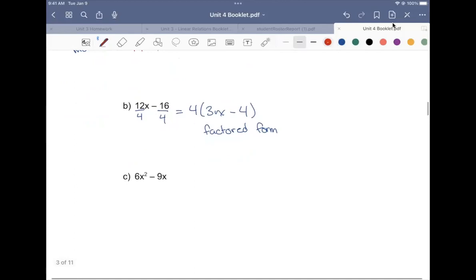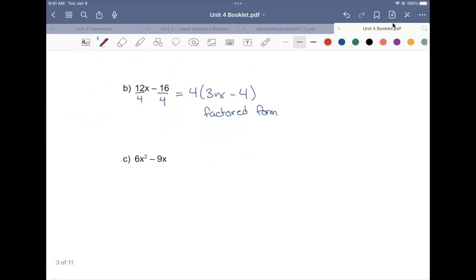If we take a look at this next example, I see 6x squared and negative 9x. I see that there's an x here and here. So that means that my factored form is going to include an x because both of them are divisible by x. If I take a look at the coefficients, I can see that I have 6 and 9. Both those are divisible by 3.